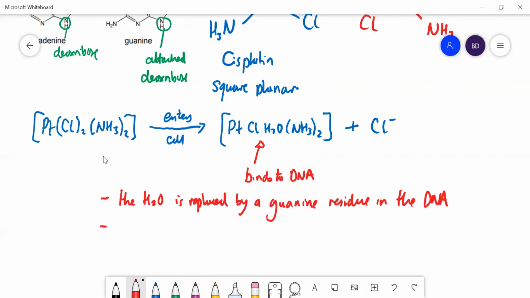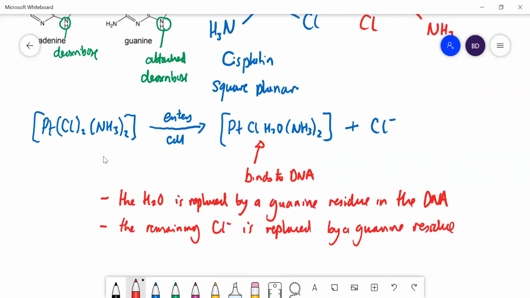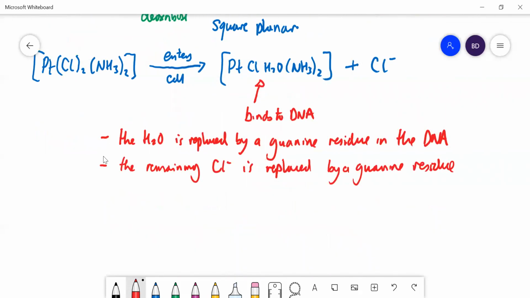And then one of the remaining Cl minus is also replaced by a guanine. So the kind of reaction that's going on there is a ligand exchange reaction. Just like if you have copper hexaqua with 6 waters around it and you add concentrated ammonia, you will replace some of those waters with NH3. It's the same sort of reaction there, ligand exchange.